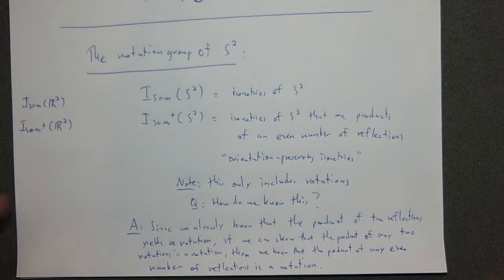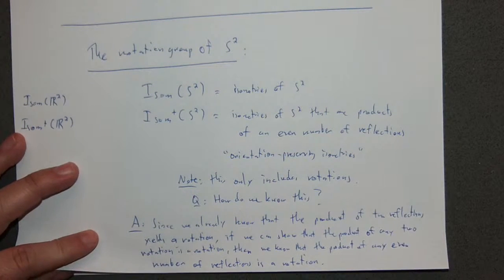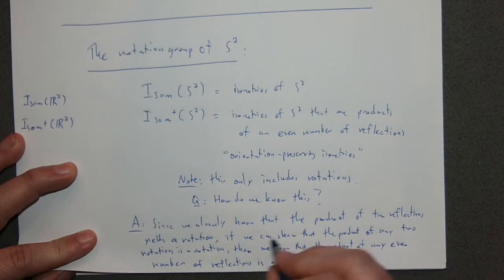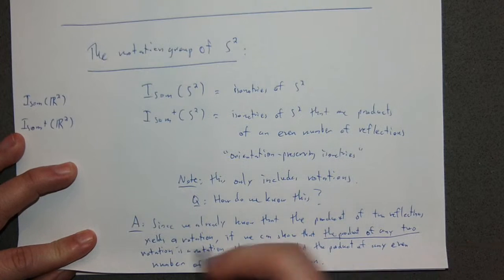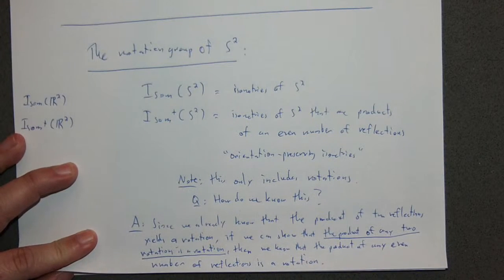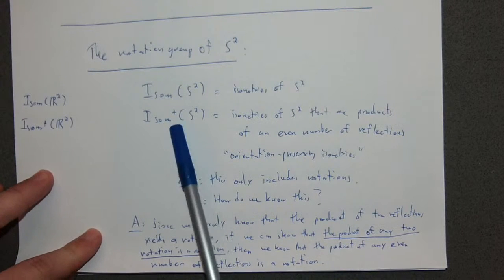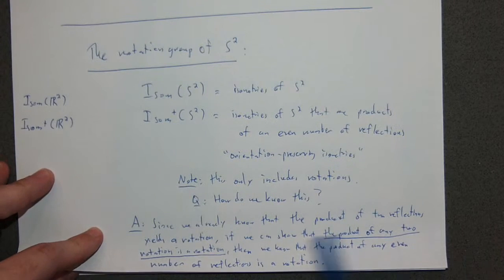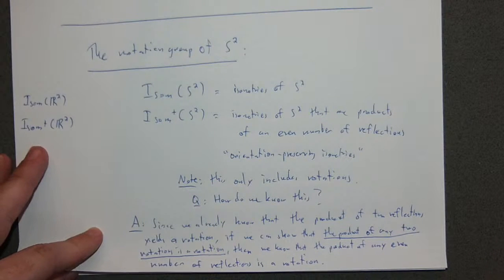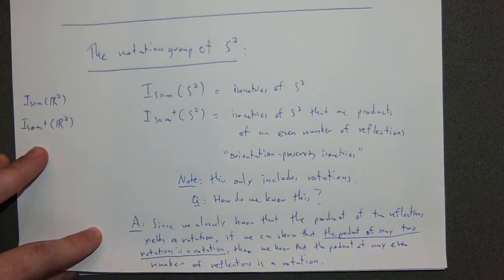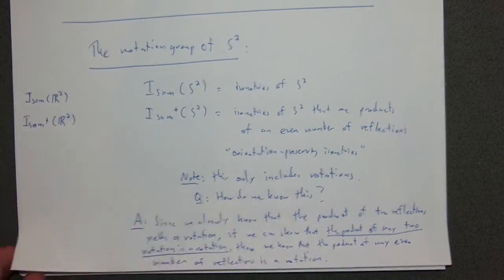All right. So I want to show this fact. If we can show that the product of any two rotations is a rotation, then I get that this isometry plus of S2 only consists of rotations, right? So everything in here is a rotation, and any rotation is included there.